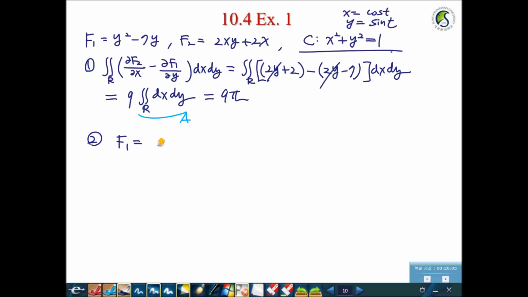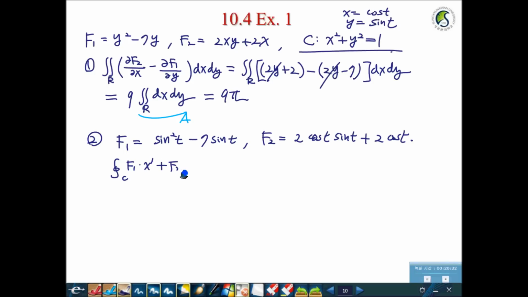And f1 becomes sine square t minus 7 sine t. f2 is 2 cosine t sine t plus 2 cosine t. And so the line integral is f1 times x prime plus f2 times y prime dt. That's a parameterized calculation.